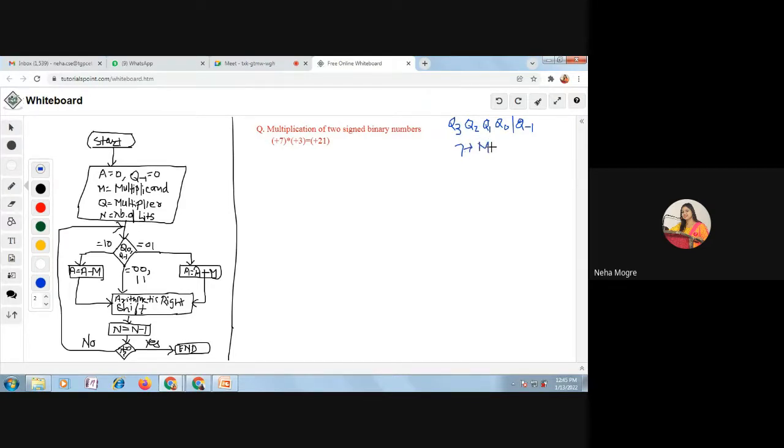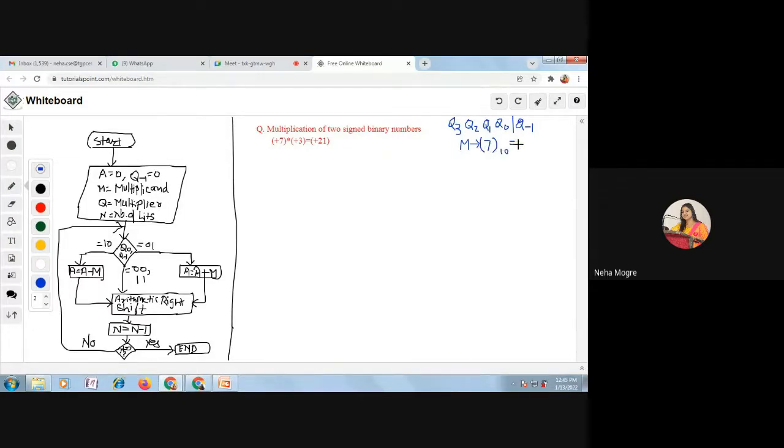And if I want to write this particular multiplicand in the form of a binary number, or I can write in this manner, this is M, which is 7, 7 to the base 10, I can say.